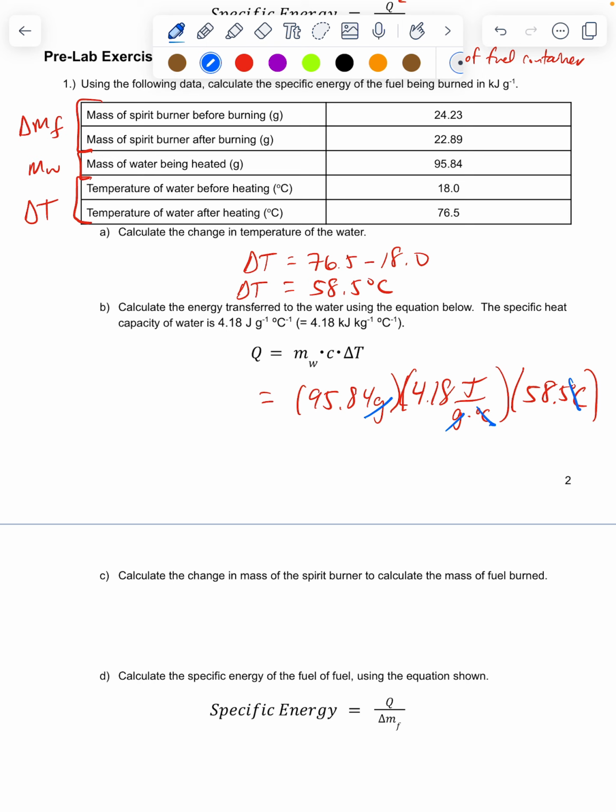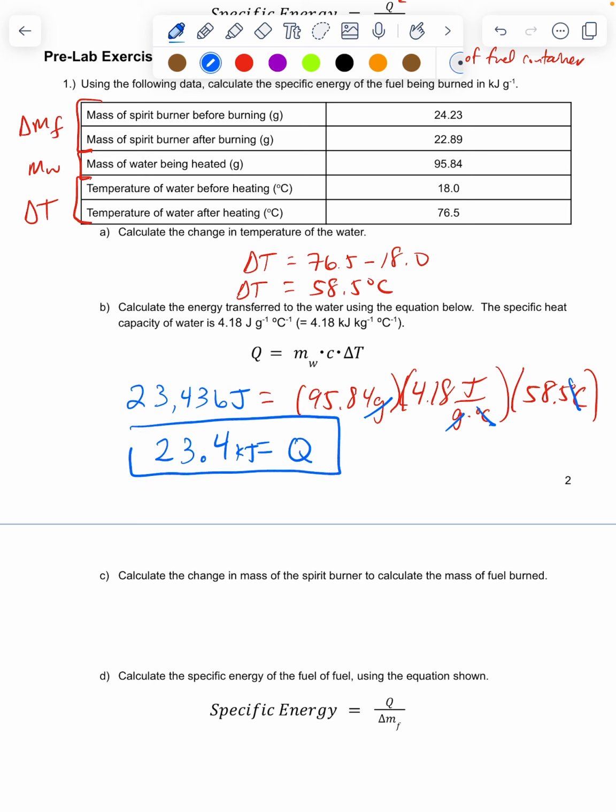So if I multiply that out, I get an answer of 23,436 joules. Usually we end up wanting these values in kilojoules, and 23,000 is kind of a big number. So I'm going to divide by 1,000 and get myself down to 23.4 kilojoules as my Q value.